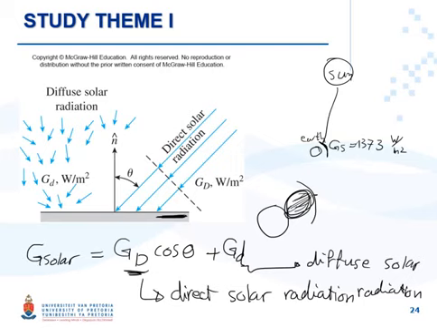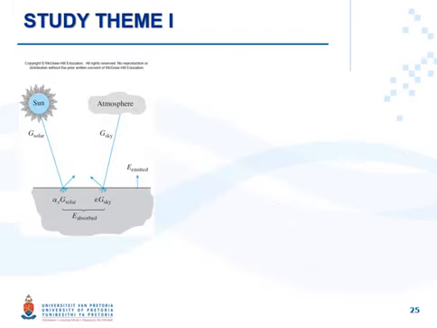But let's find the net rate of radiation heat transfer to a surface exposed to solar and atmospheric radiation and finish this section. So let's say we have this situation: the sun, G solar, goes to the Earth, and after that atmospheric radiation, G sky, as well. Now we want to know the net rate of radiation, Q dot net.